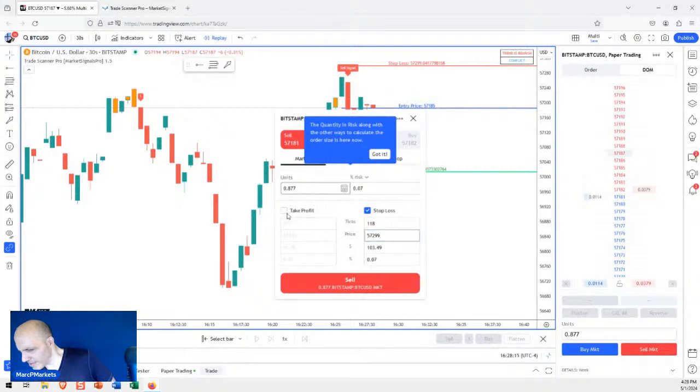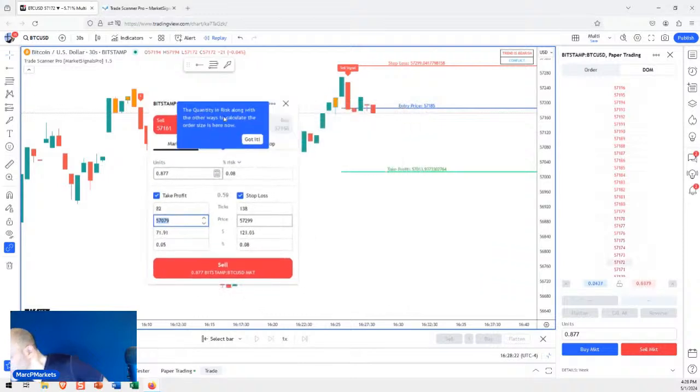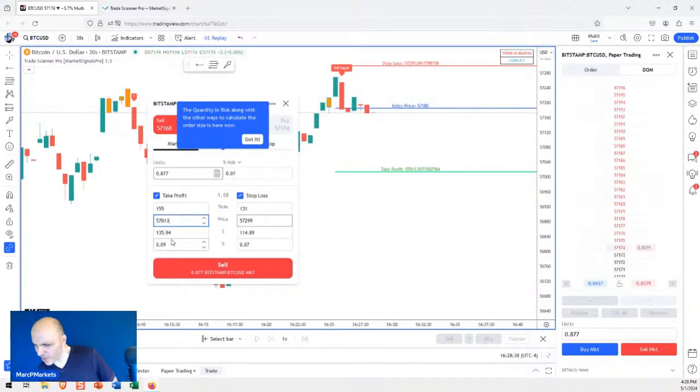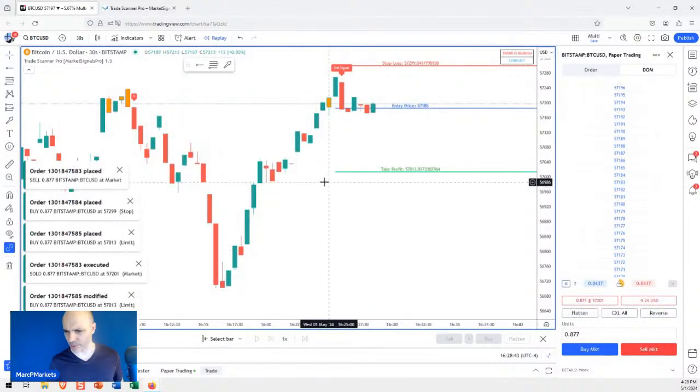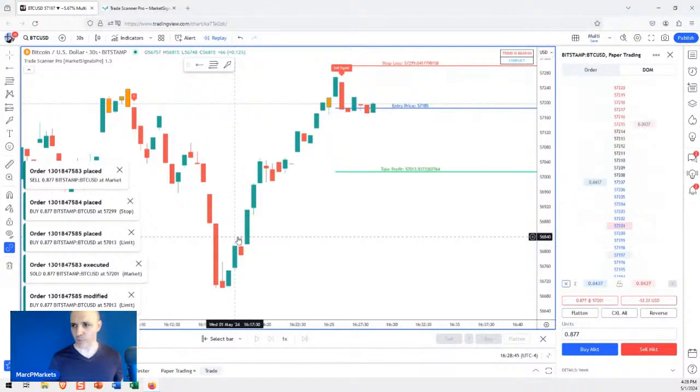And my take profit price is 57,013. Okay, so it looks like my risk is calculated, I guess, because it's not calculating from exactly the open, right? So I'm actually looking to make a little more. So I'm shorting this, and all those orders went out, right?